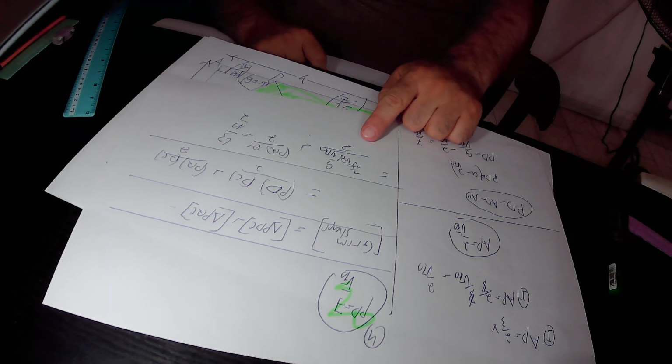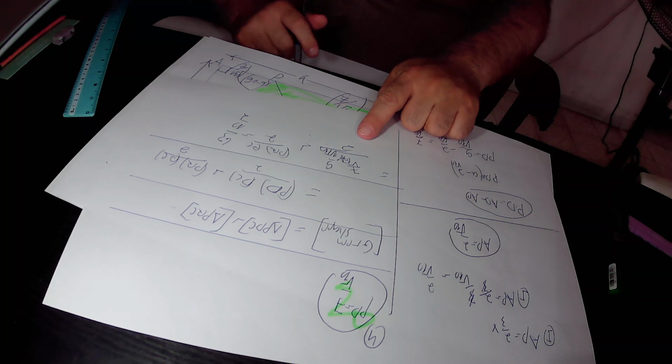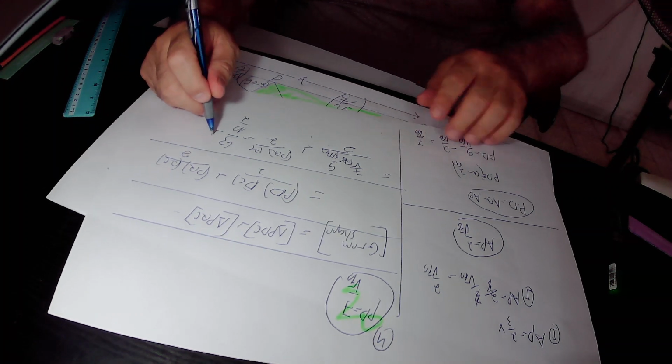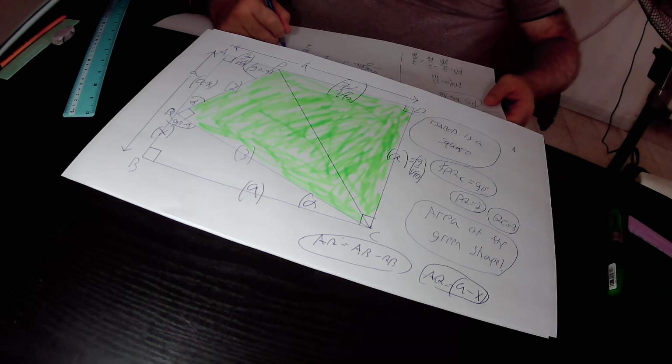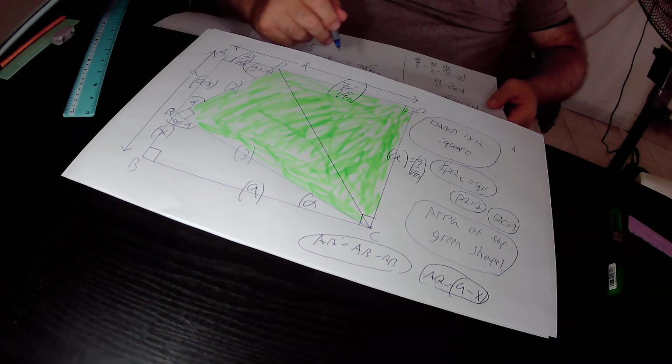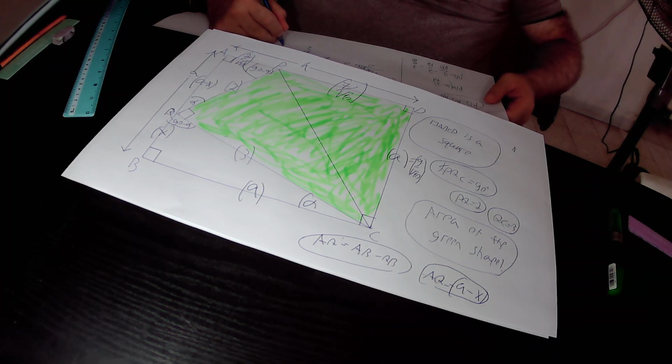So this expression equals 63 over 10 over 2, plus PQ, which is 2, times QC, which is 3, divided by 2.